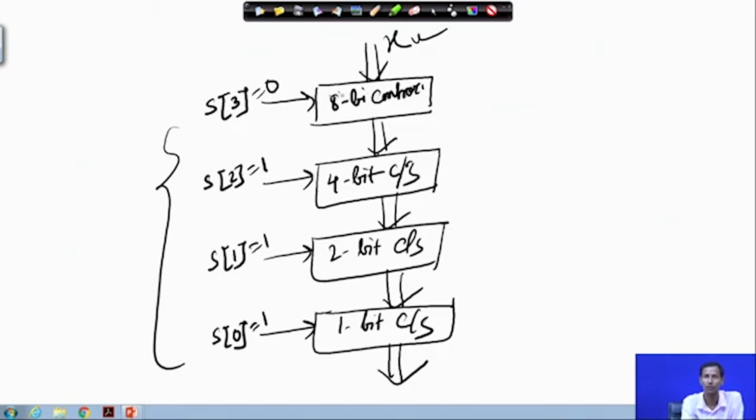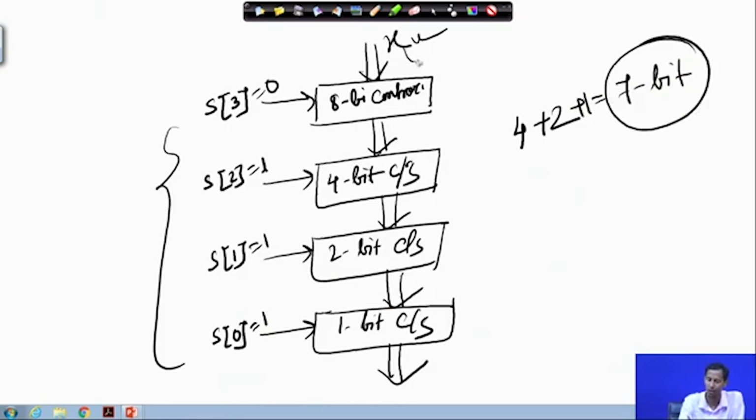As this is 0, there will be no shift at this particular stage, so x will come over here. Here it is shifted by 4, that means initially x is shifted by 4. Then that value will be shifted by 2. Then that value will come here and be shifted by 1. So, total 7 bit shift of x, or 7 bit x shift means x into 2 to the power of 7.